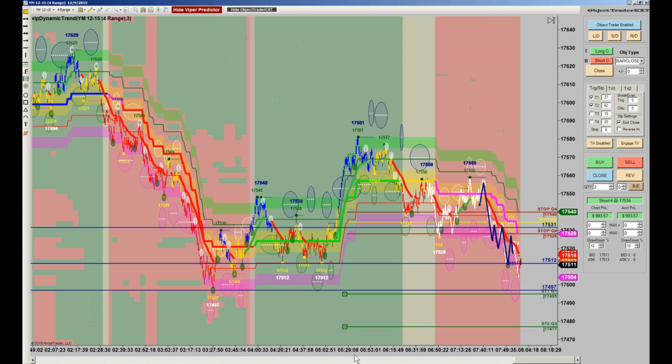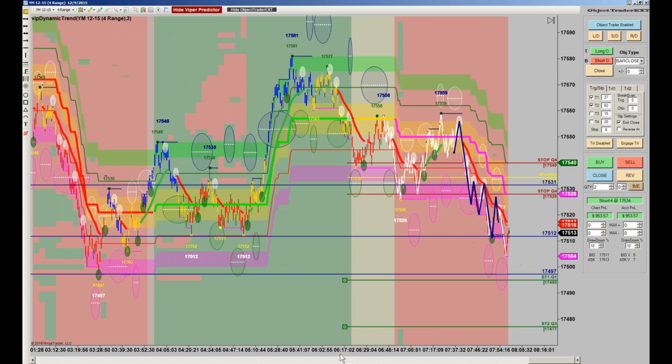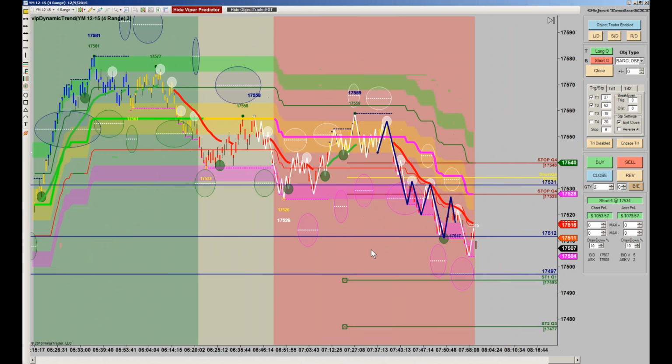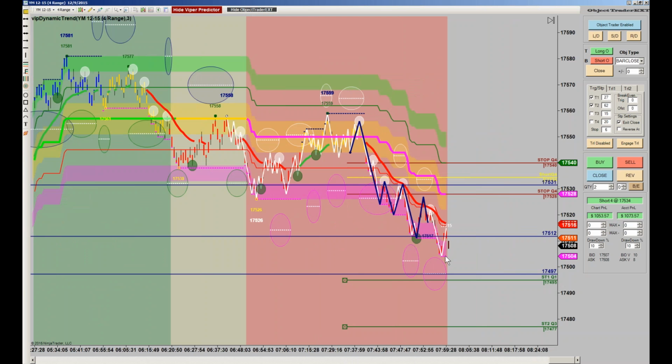Let's see where we're heading here. Okay, we haven't even taken out 497 yet. Look how Lightning's trying to tell you where to put your stop. It's already here, isn't it? So you could bring it there.